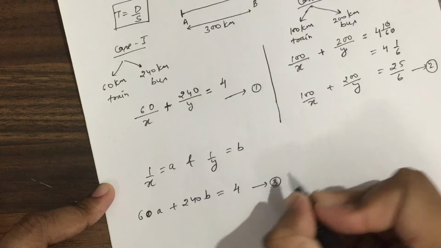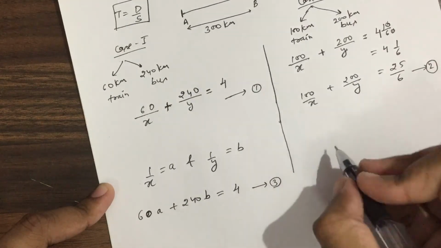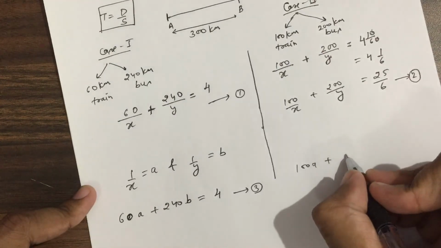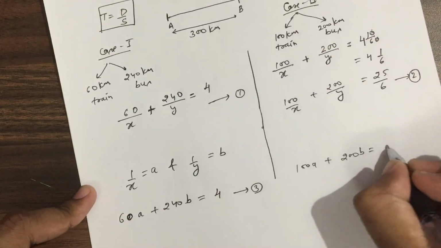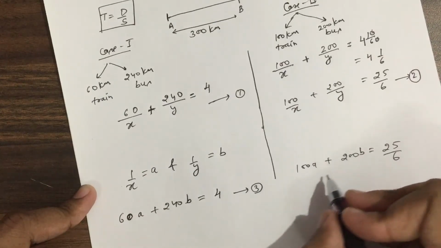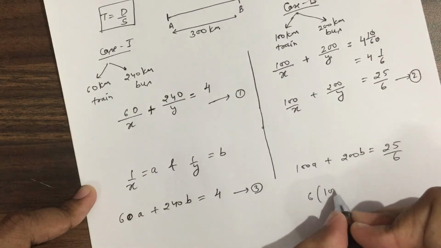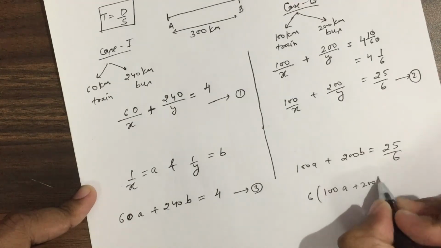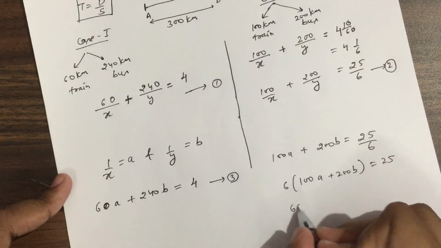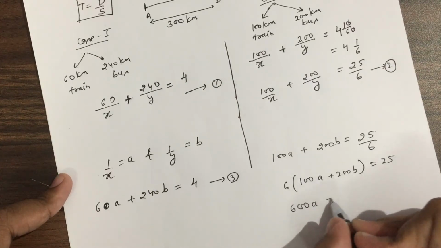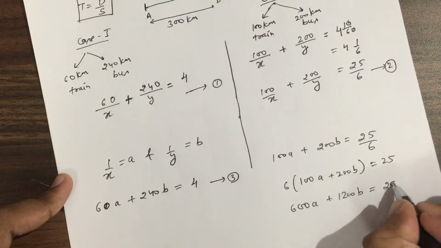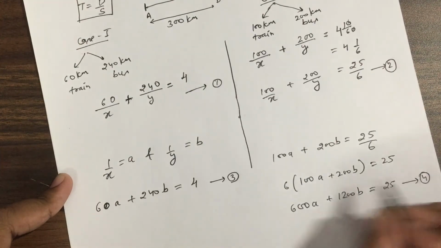This will be your equation 3 and 100a plus 200b equal to 25 upon 6. Cross multiply 6 here. So it will reduce to 6 into 100a plus 200b equal to 25. And this will give 600a plus 1200b equal to 25. Mark it as equation 4.